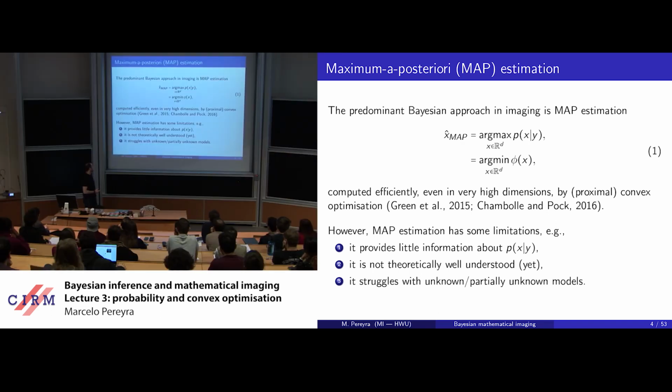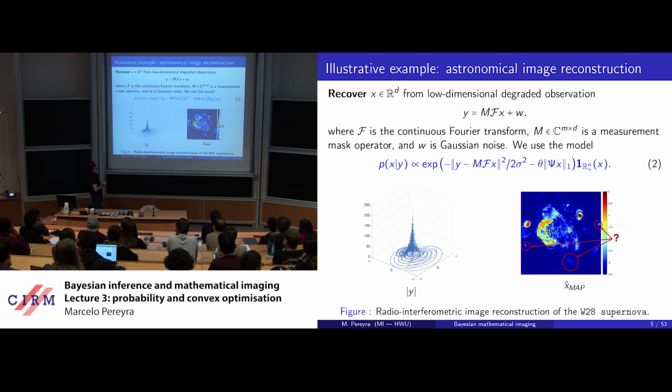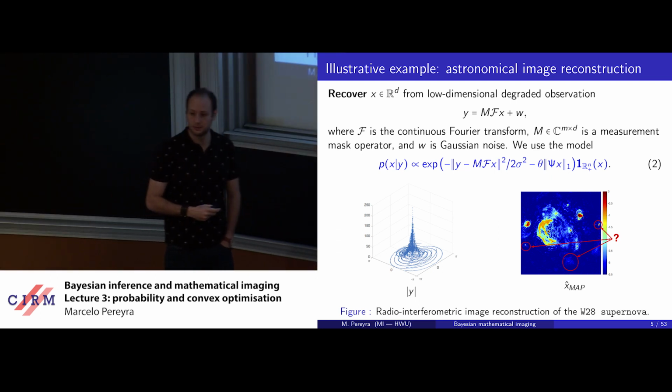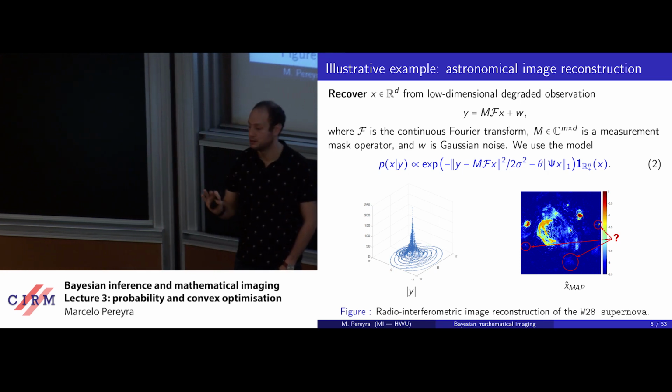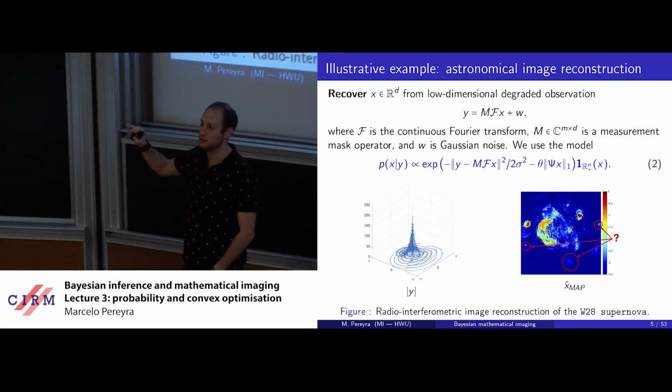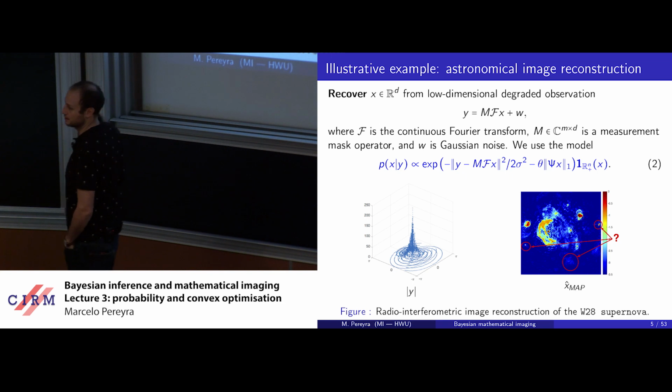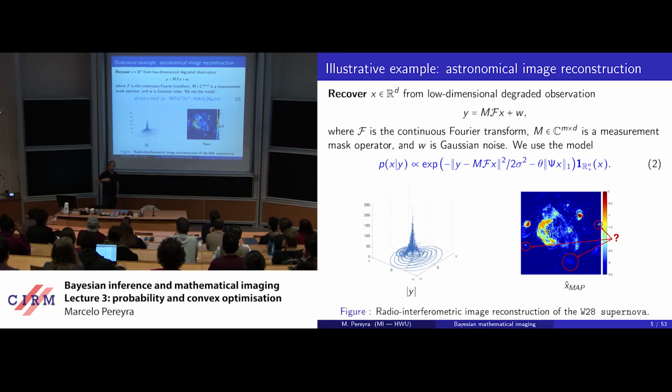So we illustrated this with a number of examples, but this is one that we used a lot. We said, for instance, if you have these radio interferometry measurements, so these are Fourier measurements of the radio sky. Here I'm just displaying the absolute value, and we discussed that in this setting, you don't have enough Fourier measurements to do the inverse Fourier transform and recover the image, so you need to regularize your problem.